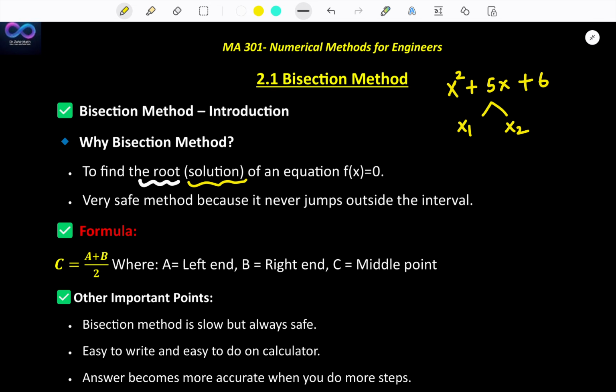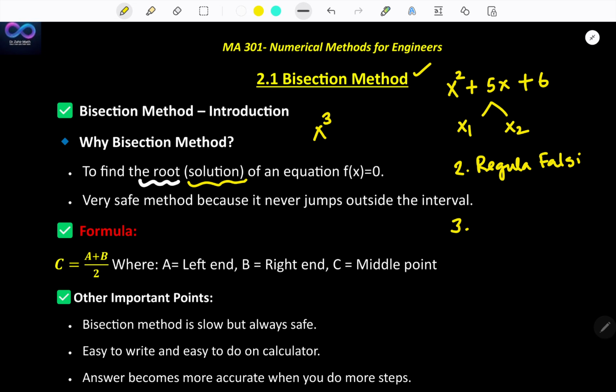How many methods do we have to study in this module, teacher? The same type of idea, that means the same type of equations you are going to solve. Most of the time you will solve cubic equations. So the same type of equations we are going to solve by 5 methods. The first one, as we already said, is the bisection method. The second method is the regula falsi method, or you can say the method of false position.